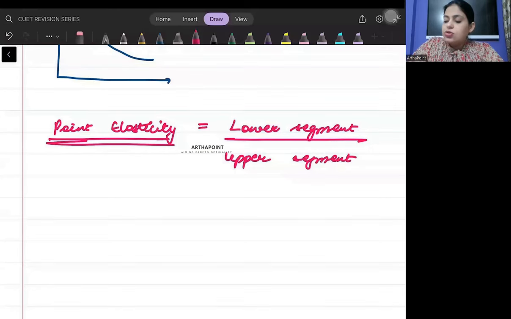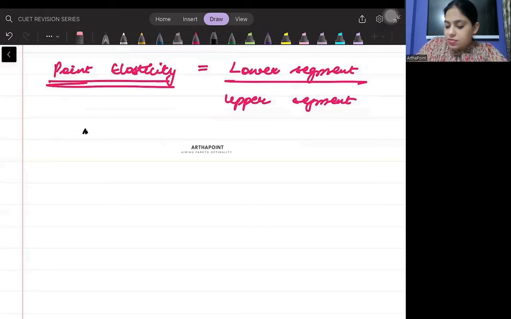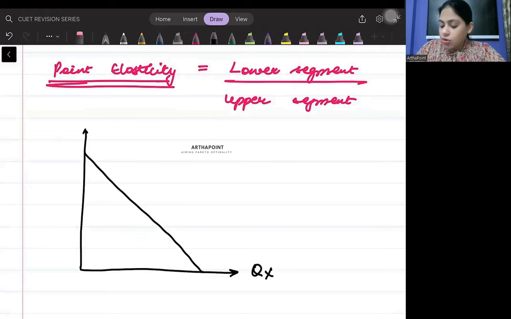right beta? So to give you an example, अगर मैं ऐसे बोलूं और यहां मैं क्वांटिटी ले लूं और यहां प्राइस, और here exactly I am taking the center point, right?